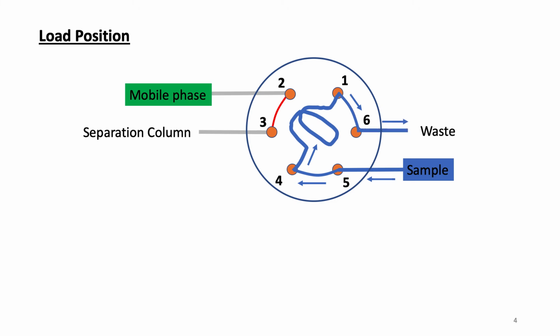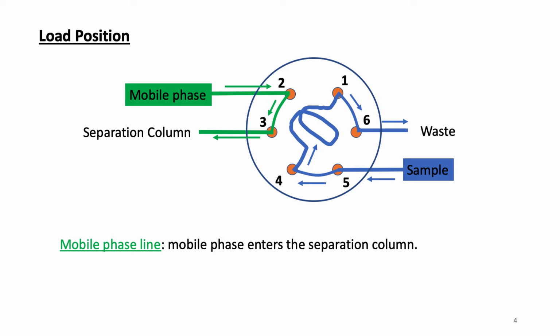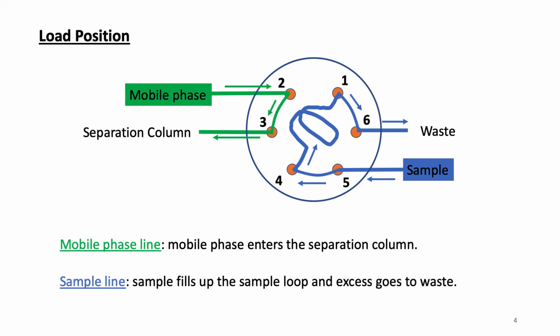While for mobile phase, it enters port 2 first, then internally goes to port 3 and flows to the separation column. To summarize these processes occurring at the load position, the mobile phase enters the separation column, and the sample fills up the sample loop and excess goes to waste.